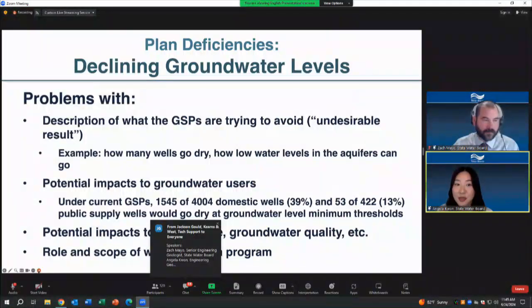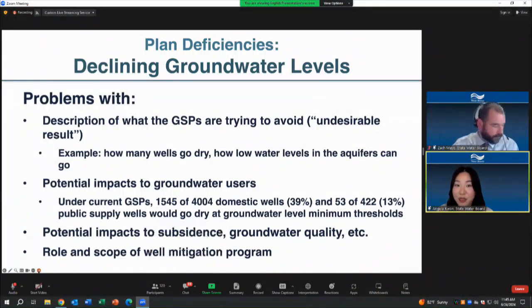Now, I will go over some of the deficiencies identified by board staff regarding how the 2022 groundwater sustainability plans handle groundwater level management in the subbasin. The 2022 plans do not sufficiently describe the impacts that the agencies are trying to avoid. The plans should discuss the substantial increase in costs to pump at deeper groundwater levels, or how many existing wells may go dry under the management plans.